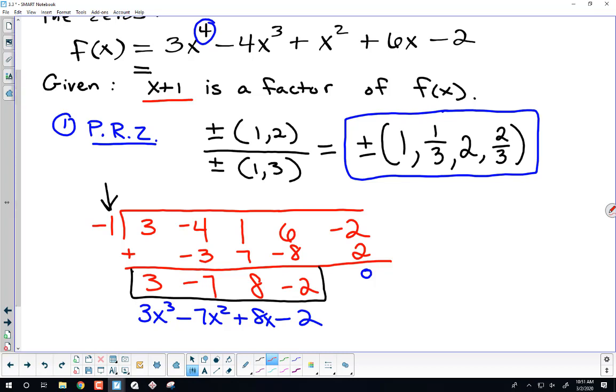Always when you have a 0 remainder, you have two factors. The divisor is a factor, and the quotient is the other factor. So we have the original function now as factoring as x plus 1 times our quotient, 3x cubed minus 7x squared plus 8x minus 2.